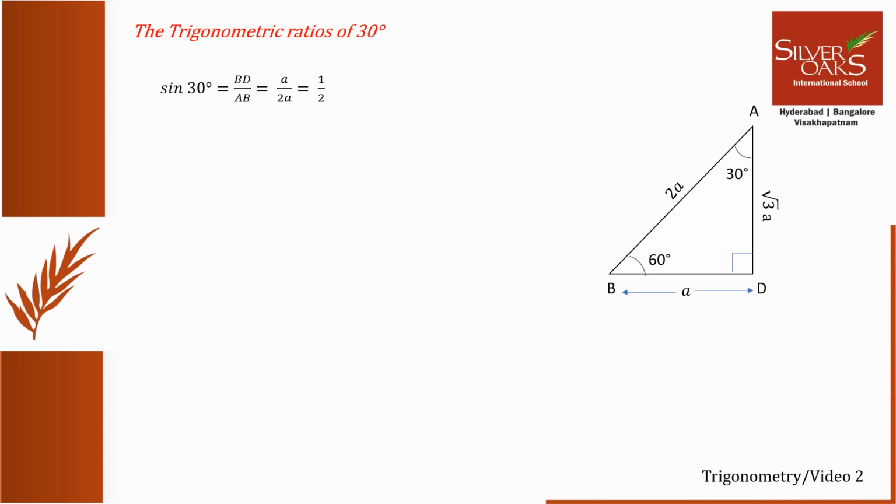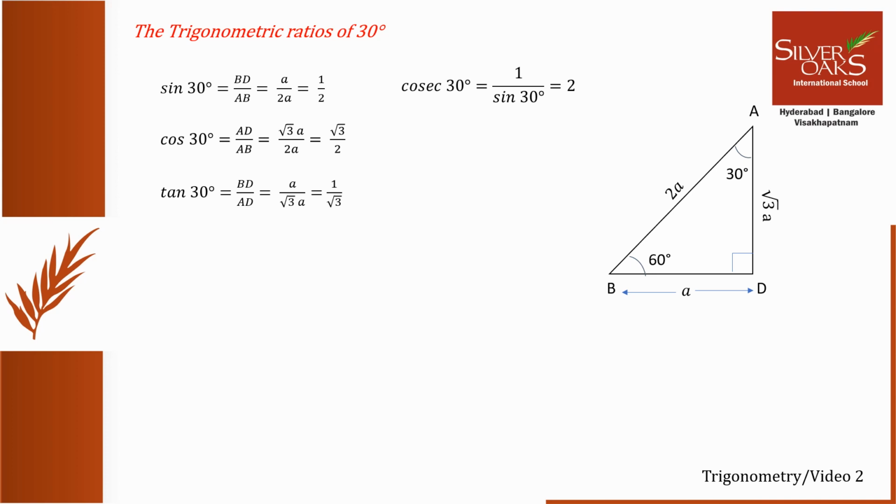So BD by AB is equal to A by 2A, which is equal to 1 by 2. Now cos 30 degrees is AD by AB, which is equal to root 3A by 2A, equal to root 3 by 2. Tan 30 degrees is equal to opposite by adjacent, which is BD by AD, which is equal to A by root 3A, equal to 1 by root 3.